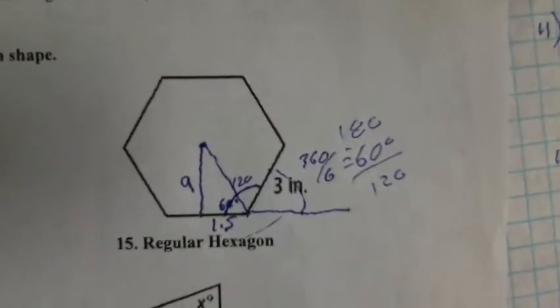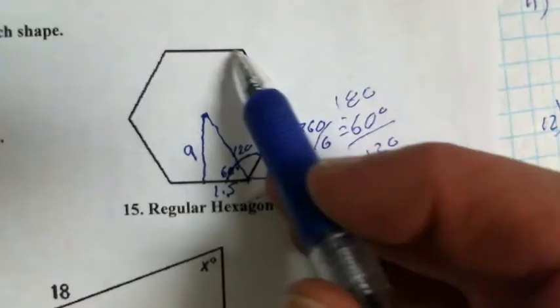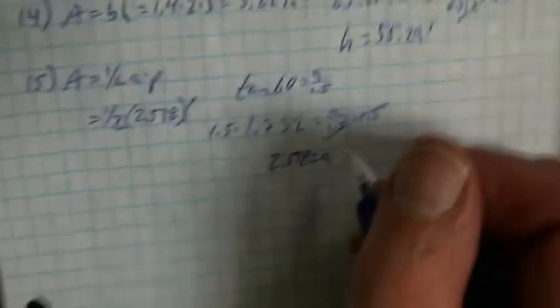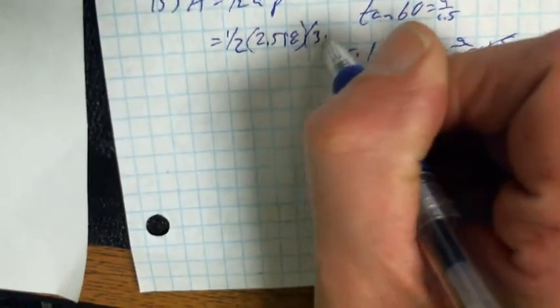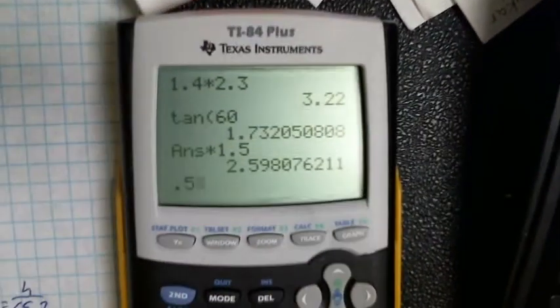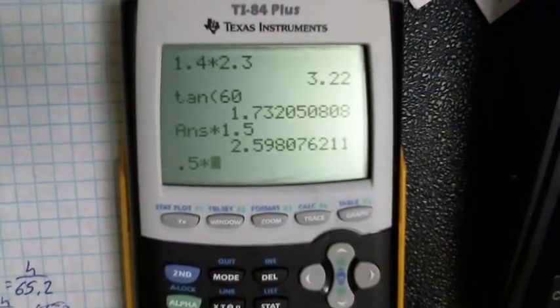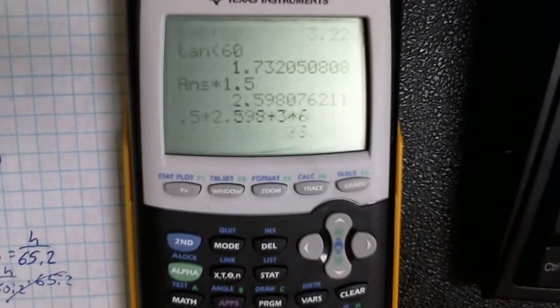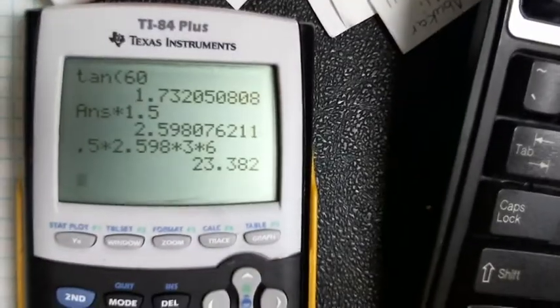It's 3 once, twice, 3 times, 4 times, 5 times, 6 times. 3 times 6. So put it in the calculator. 0.5 times 2.598 times 3 times 6. 23.38.